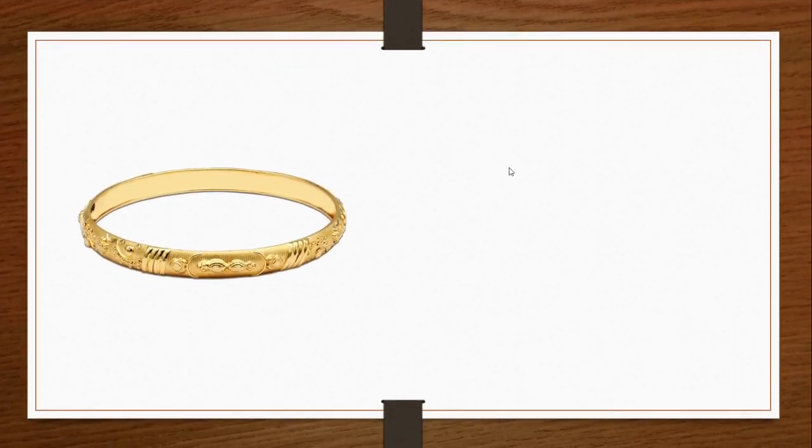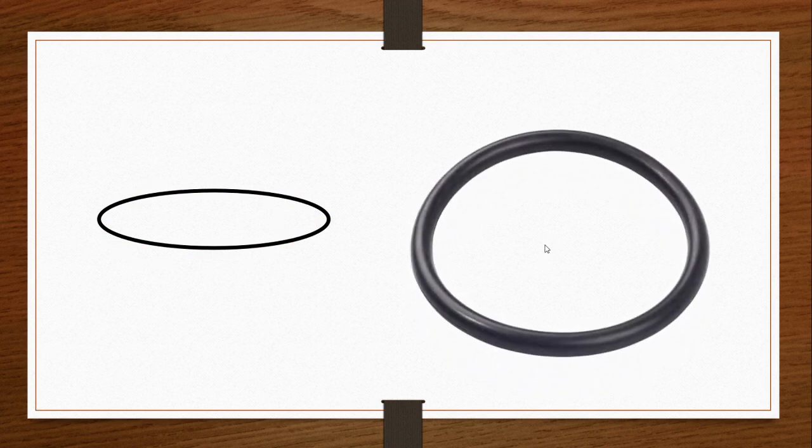Now here we can see a bangle, right? We will trace the edge of this bangle. See, with the help of pencil I am tracing here. Correct? Now I will remove this bangle from the place. See, I got a round shape, right? One more here. This is a tube, a rubber tube, correct?